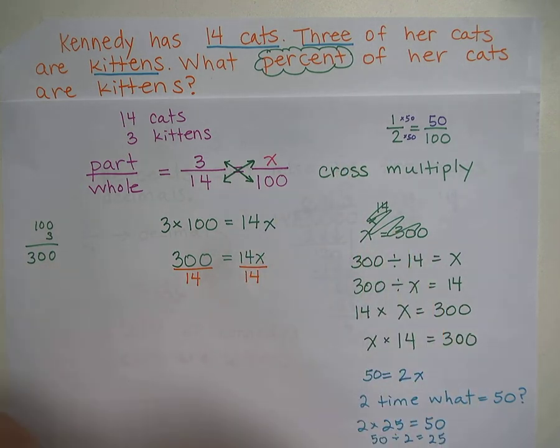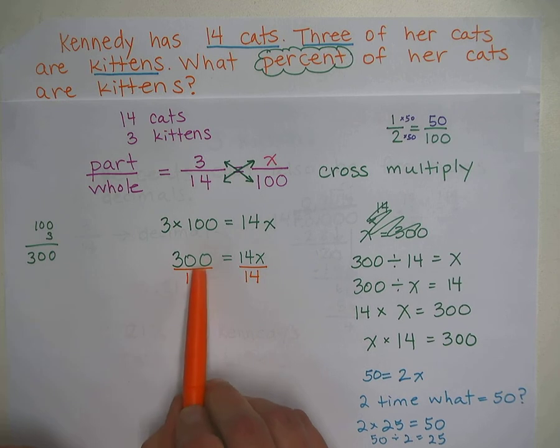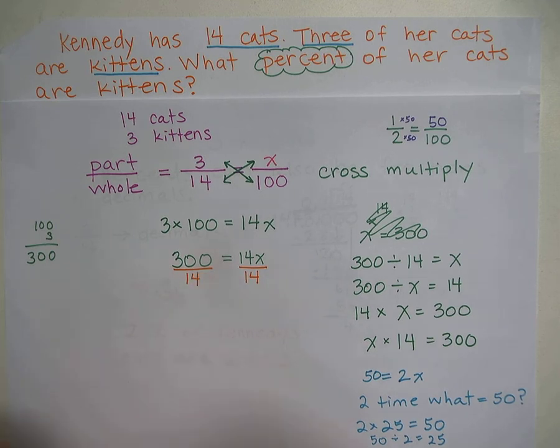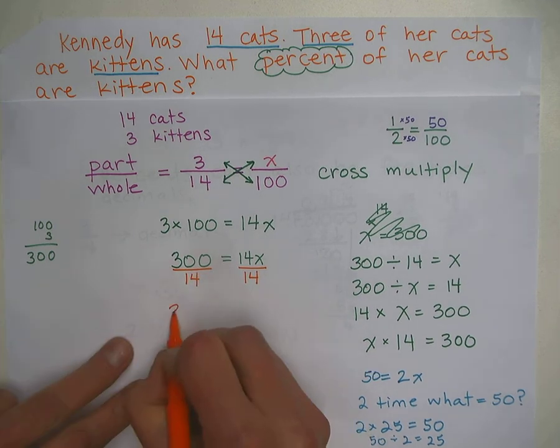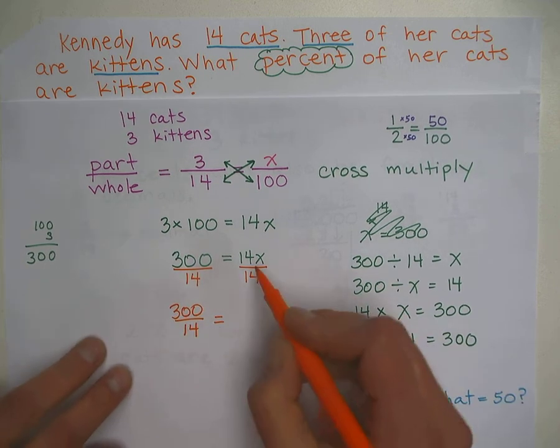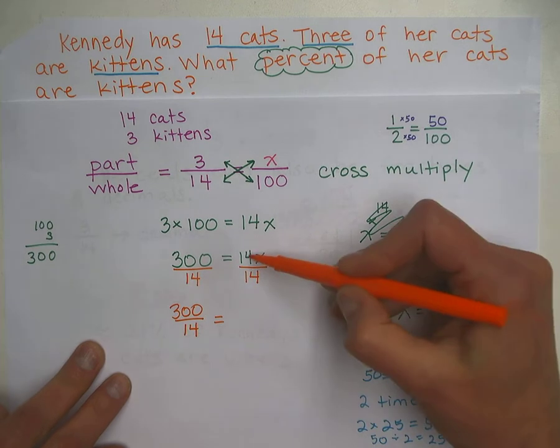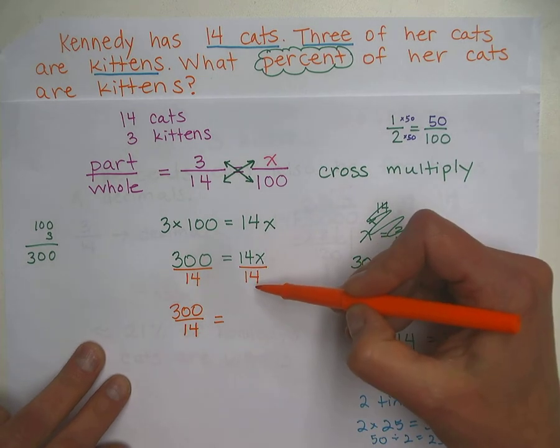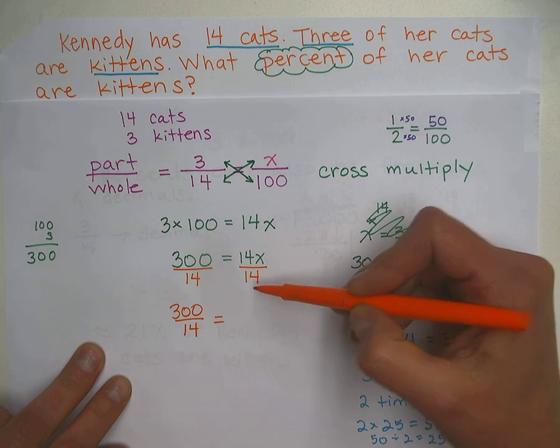So now I have 300 divided by 14 equals 1x. So 14 divided by 14 is 1, because anything divided by itself is 1, which would equal 1x.